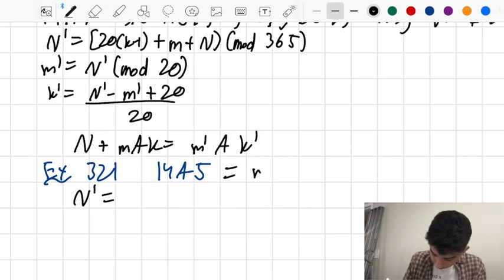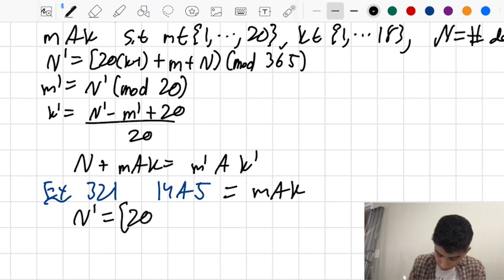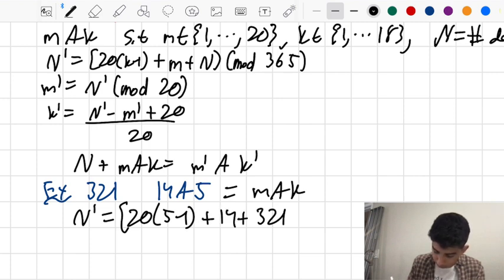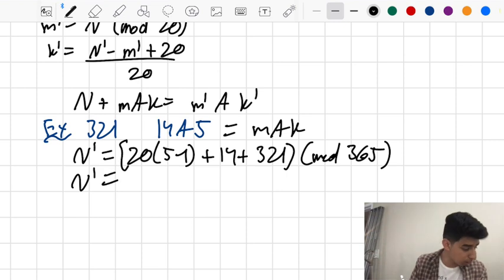So it's the same thing as MAK. So N prime equals 20 times 5 minus 1 plus M, 14, plus 321 mod 365. We will get N prime equals 50.